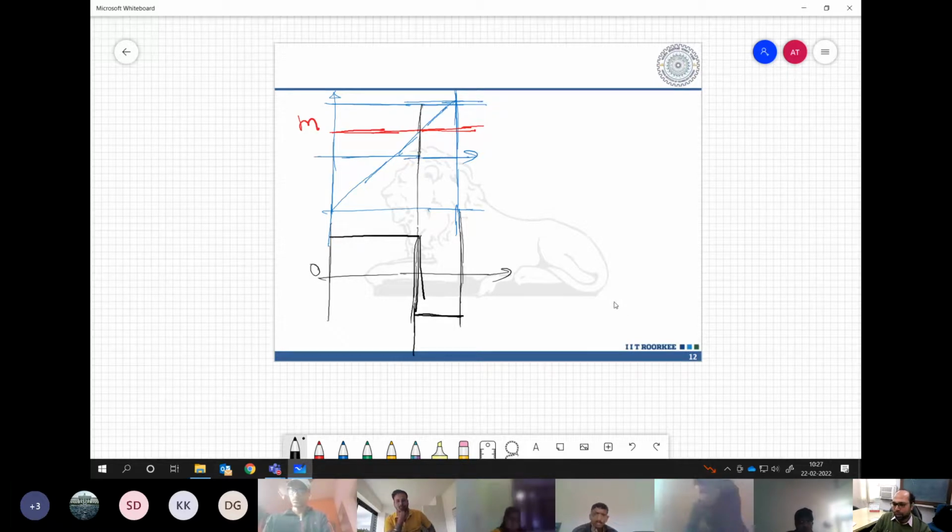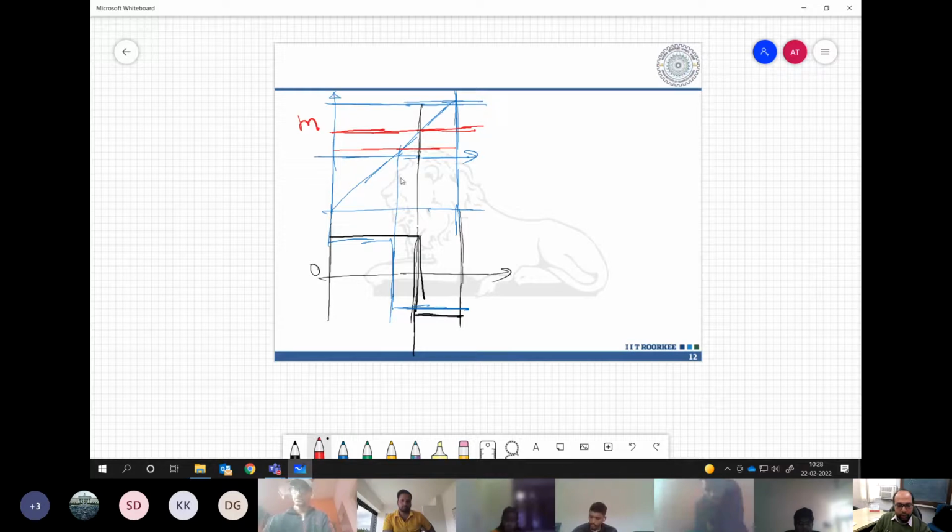Correct? Now, as you bring this modulating signal value down to this point, say 0.1, what will happen? The positive pulse, let me draw in blue, will change to a lesser value, and the negative will increase. Understanding my point?